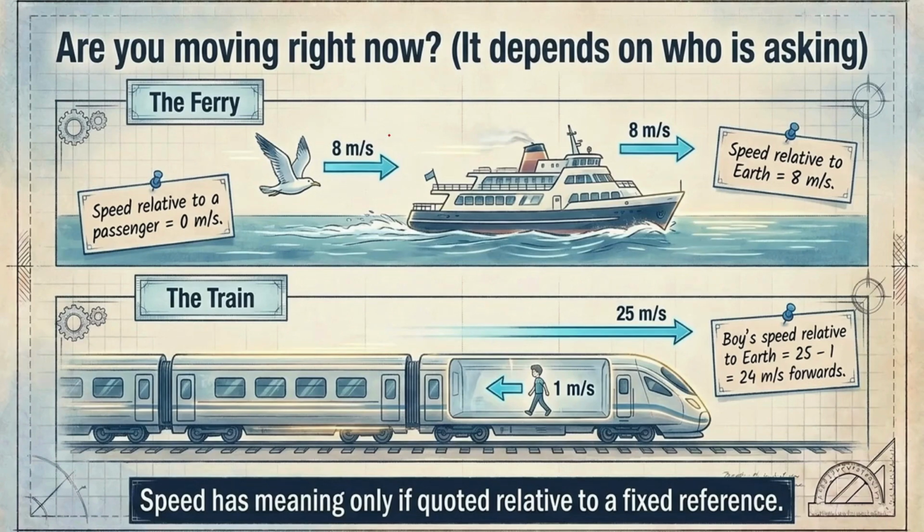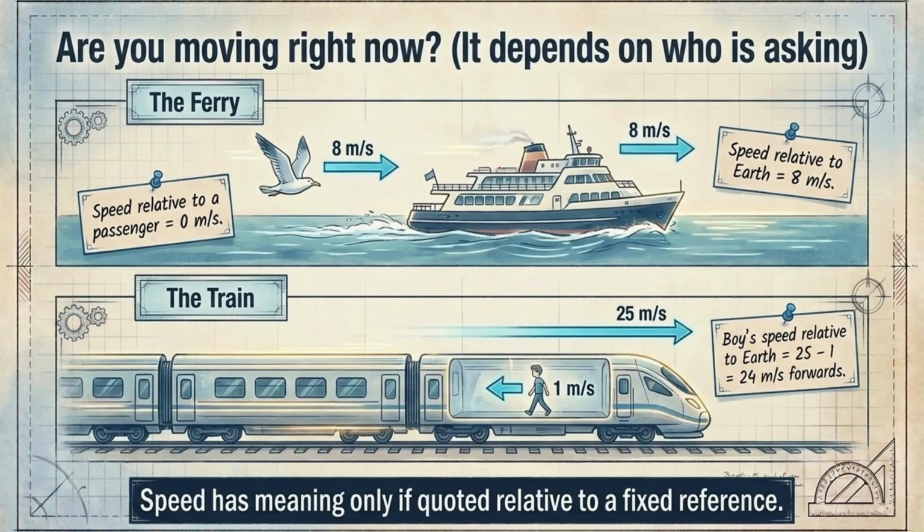If you watch the bird, you may feel like the bird is stationary with respect to you, but someone on the earth's surface who sees this bird feels like it is going in this direction with 8 meters per second. Try to understand this concept.